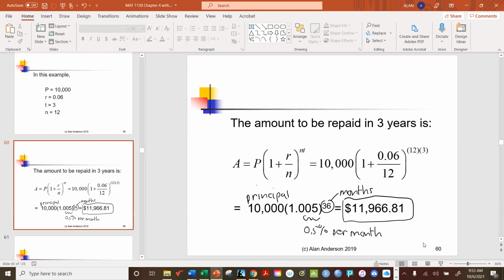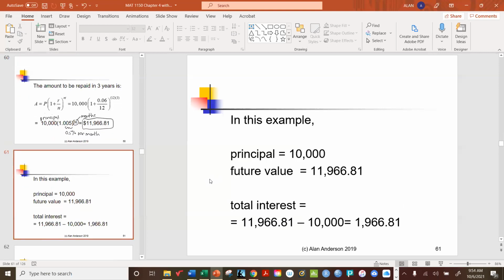Now, clearly, that's more than $10,000. So that implies that you paid a bunch of interest because you borrowed money, of course. The question is how much? By the way, in this question we only want to know the total interest, but let's also figure out the other types of interest.